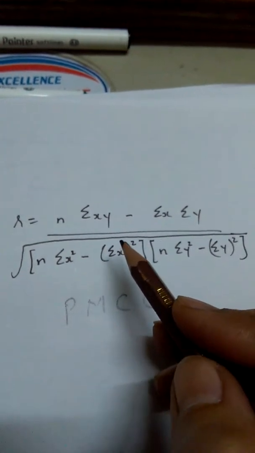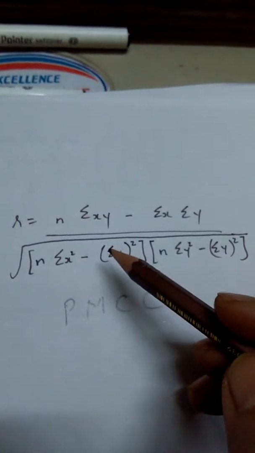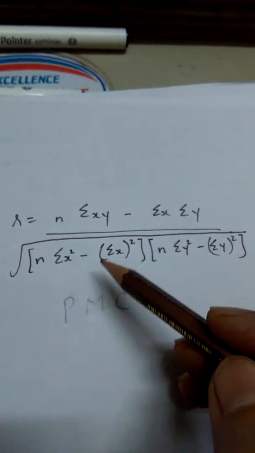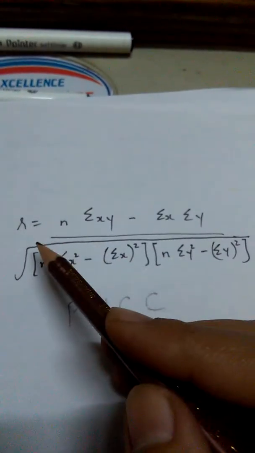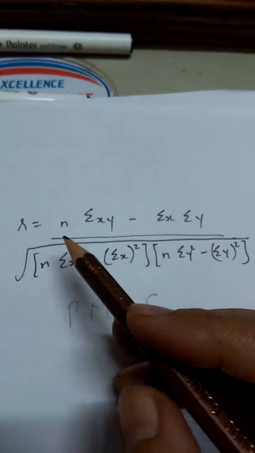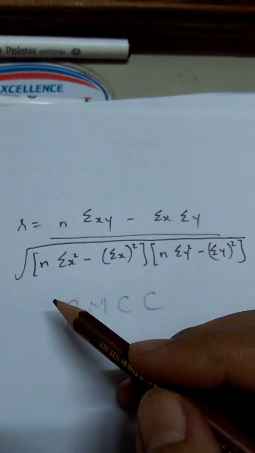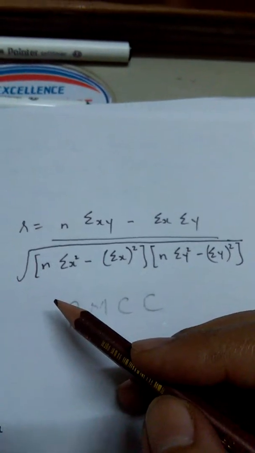So overall we have to make 5 more columns, and then we substitute the values in the formula, and we are going to get the value of R. And on the value of R, we are going to assert the degree of correlation between the two quantities.